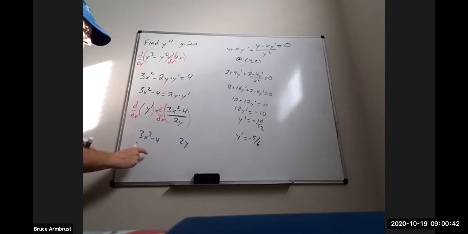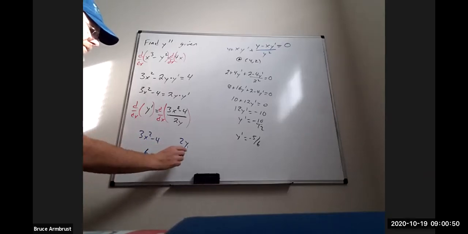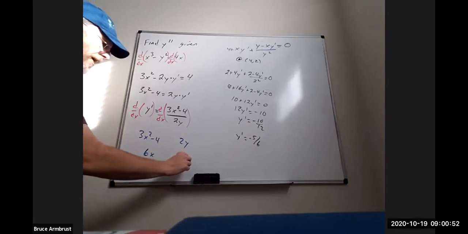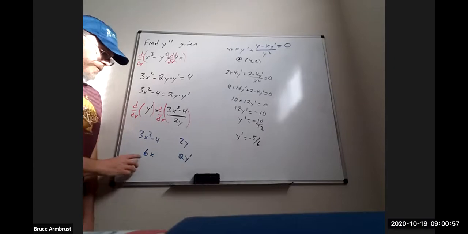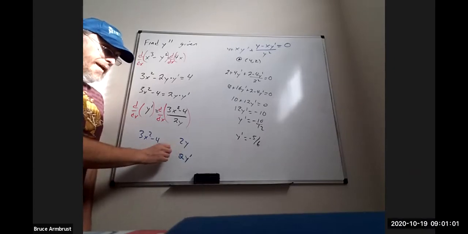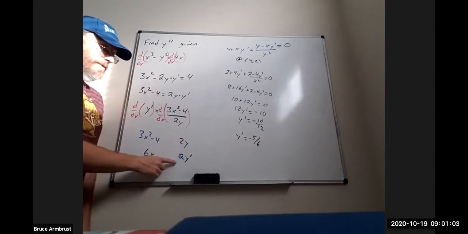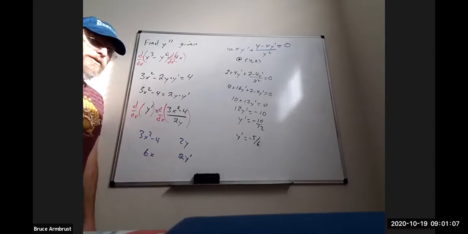So the derivatives respectively are 6x, and then 2 y prime. So again, we're differentiating with respect to x. So the derivative of this would normally be 2, but because y is implied to be a function, we attach a y prime.